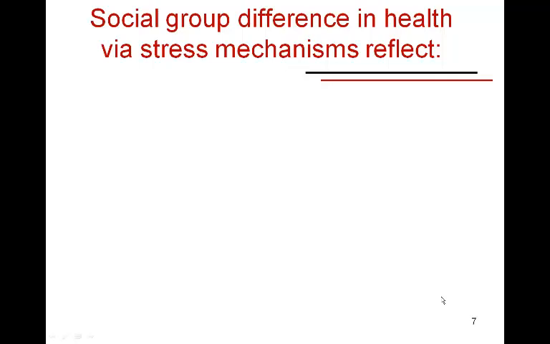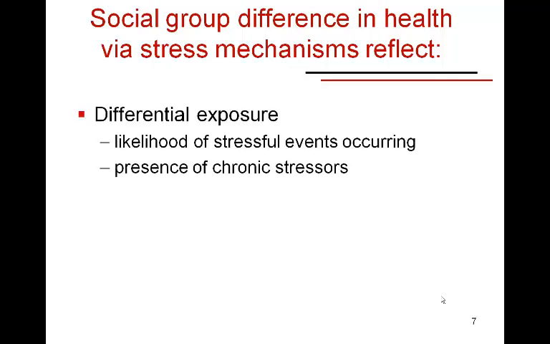And so when we're interested in thinking about social group differences in health, or the way social structure, social factors influence health, we really need to think about stress mechanisms as reflecting two processes. One is differential exposure, that certain social groups may experience different likelihoods of being exposed to stressful events, and also differential exposure to chronic, ongoing stressors.